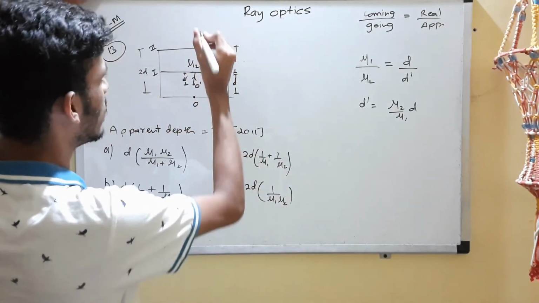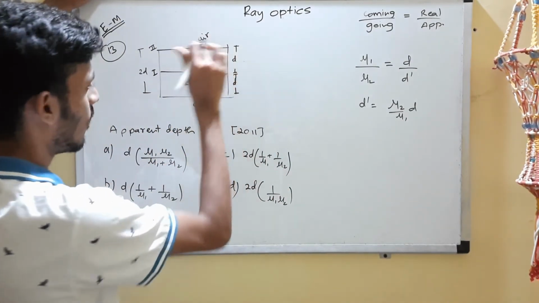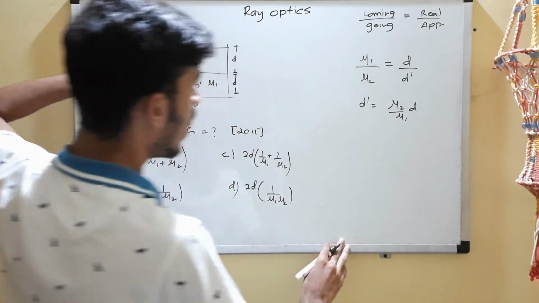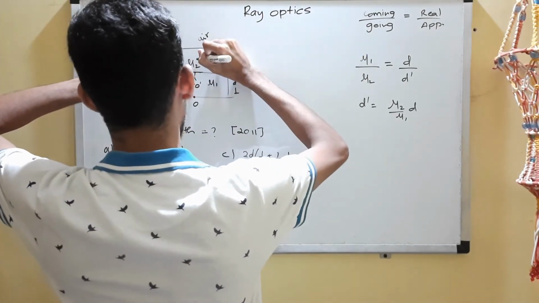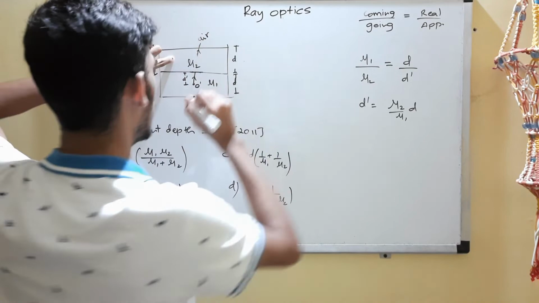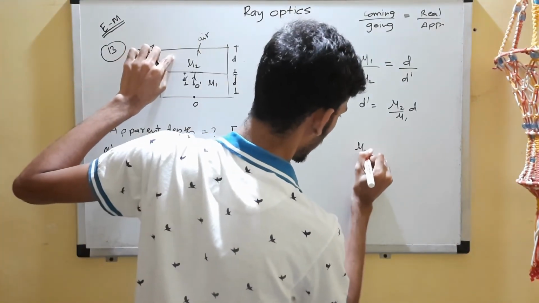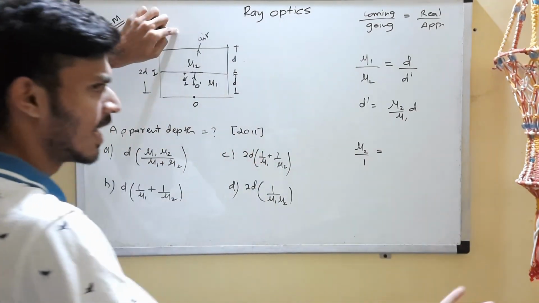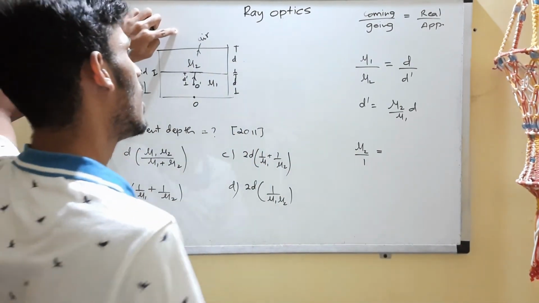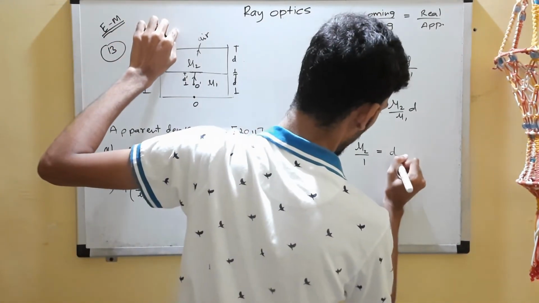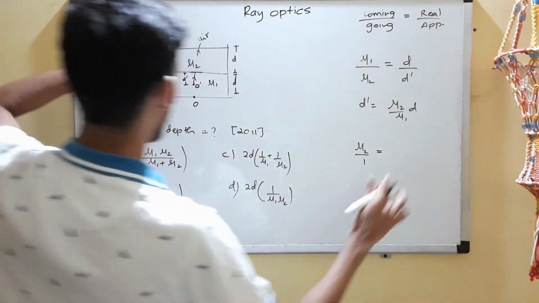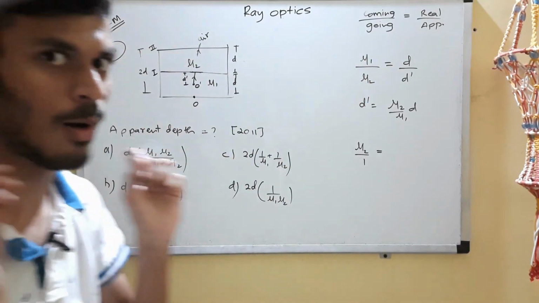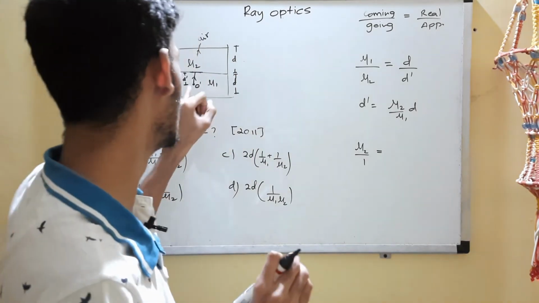So we have surface number 2, and on the other side we have air. Again, coming upon going: the rays are coming from mu2, so coming is mu2, going is air, which is 1. The refractive index of air we consider as 1. So it is real upon apparent. Now what is the real depth of the object?